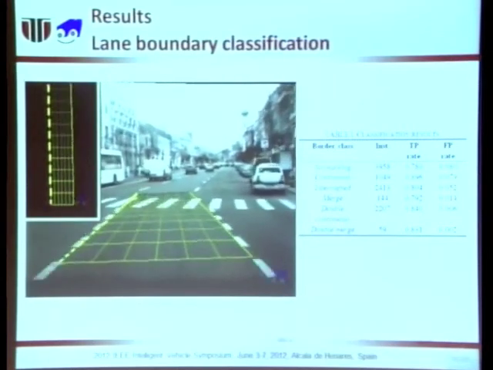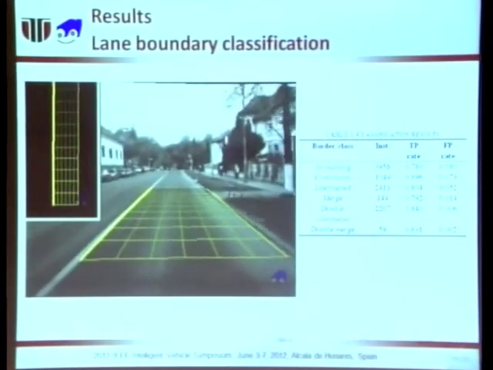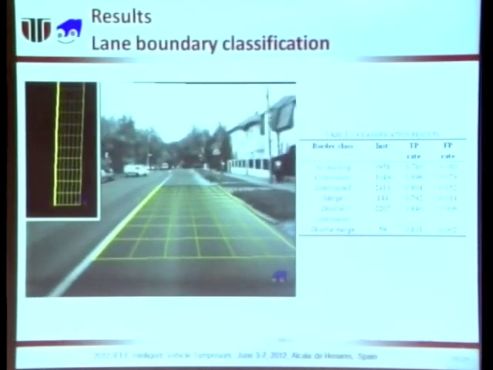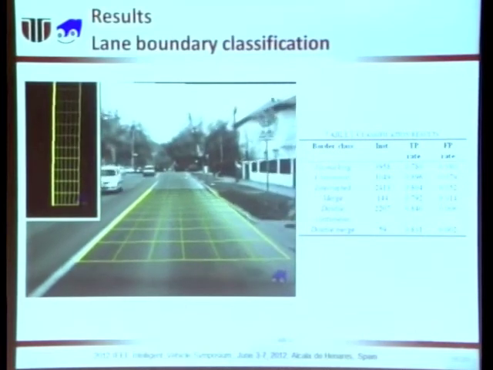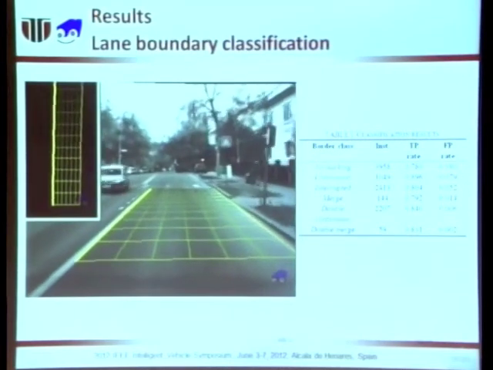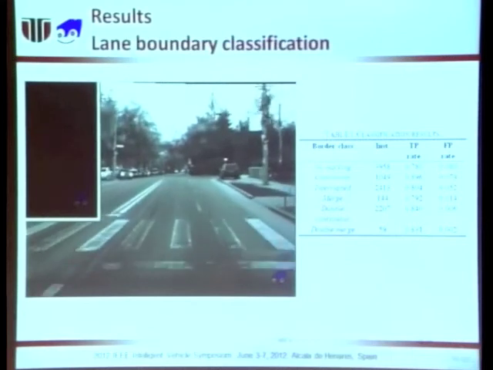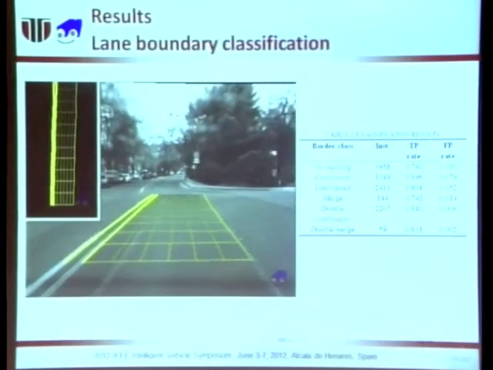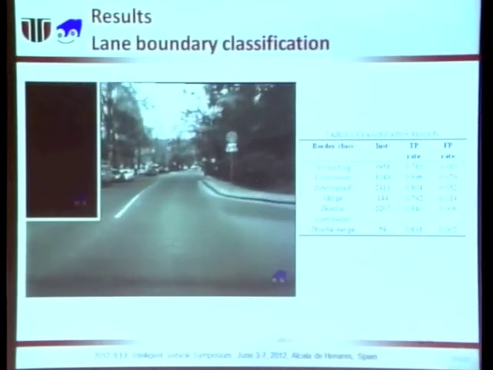And I would like to mention that also the quality of the marking varies a lot. As can be seen in the image, the following line is kind of worn out, which affects also the classification.